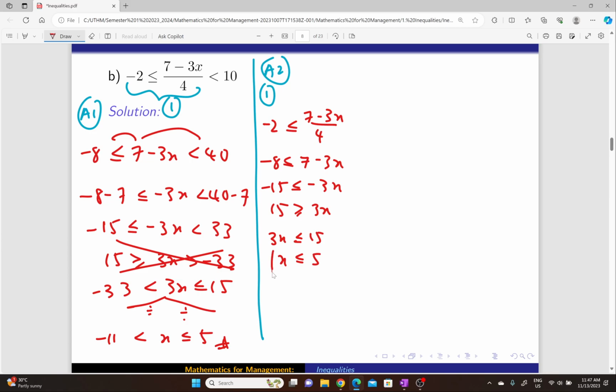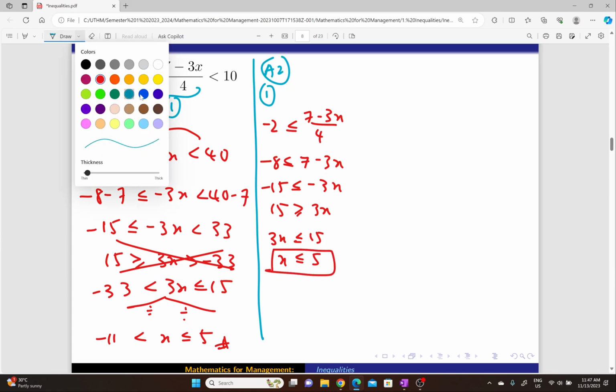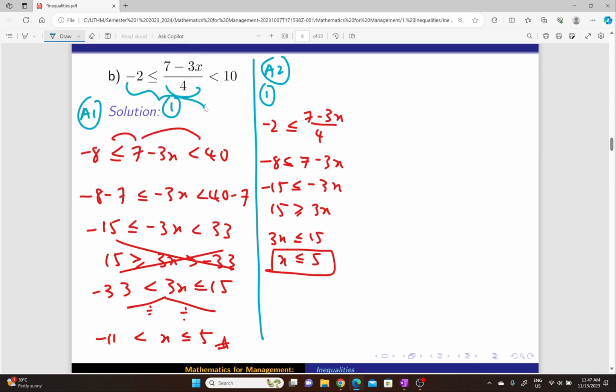You get one equation here, one solution. There's another equation here. You split the inequality. For inequality 2, that is 7 3 minus 3x, 4.